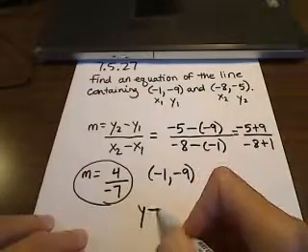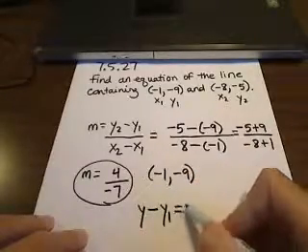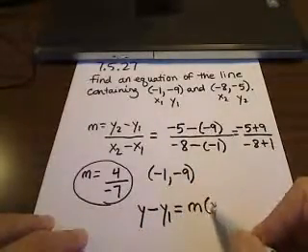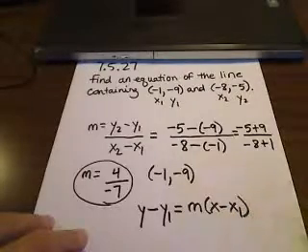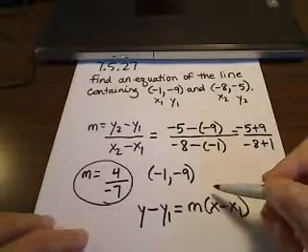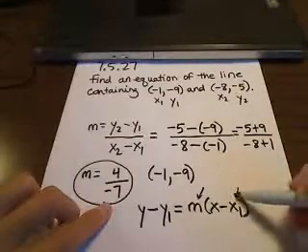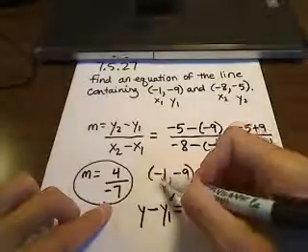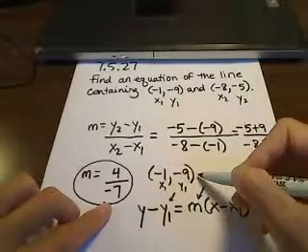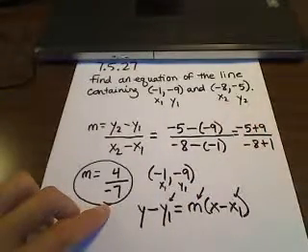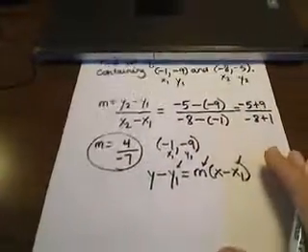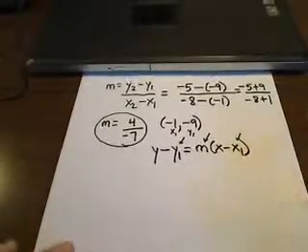And the point-slope equation is this: y minus y1 equals m times x minus x1. Okay? So I have the slope, that's right here, and I have the x1, y1 ordered pair point right here. Okay, so I'll plug those pieces in and then just try and put it in slope-intercept form.